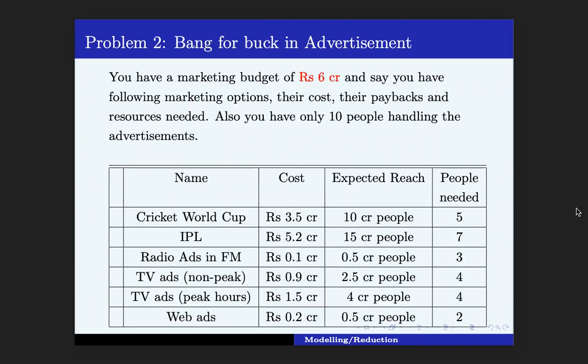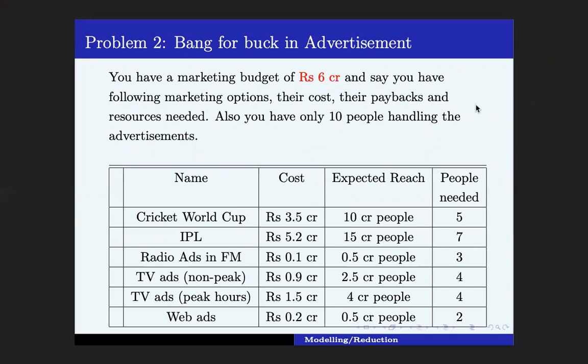Let me go to the next problem. What about problem 2? Can you write it in the form of an LP? Yes, I can see two people who have raised their hand.